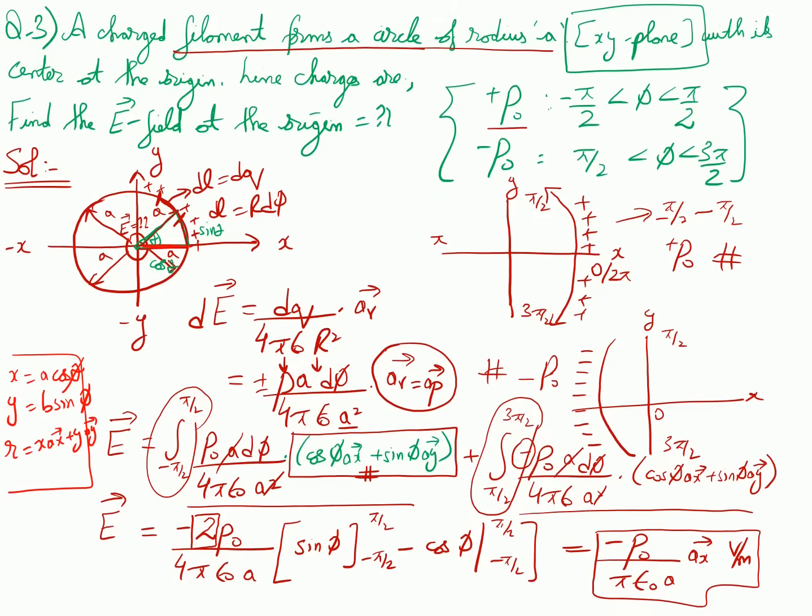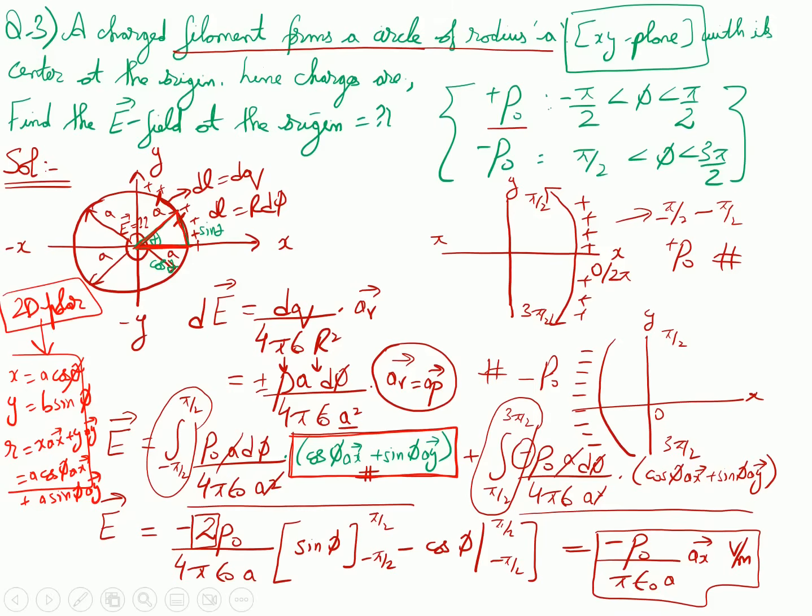This is the distance vector from this point to this point for this triangle. Now if you input the values, you should get a cos of phi along ax plus a sine of phi along ay. So this is another way to find the value which is shown here in green. Either you can get it visually or you can use the point conversion from rectangular to 2D polar system. So this is how we got this unit vector.